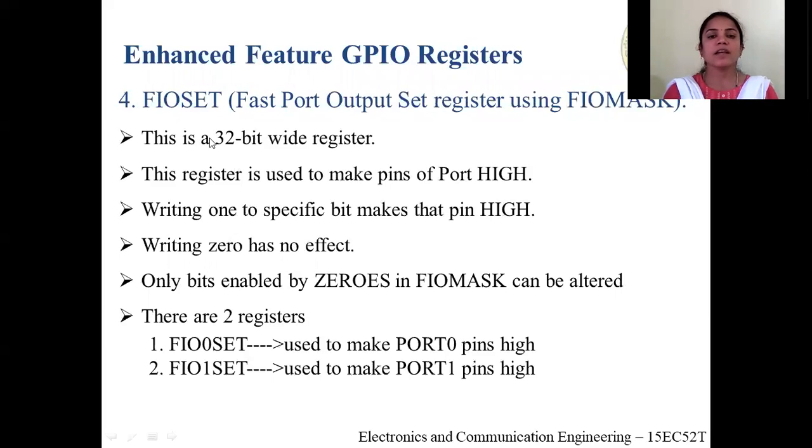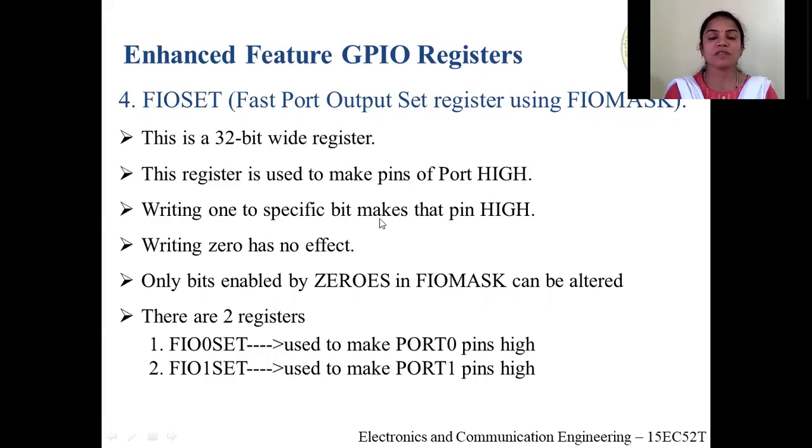And next is FIOSET, the fast port output set register using FIO mask. This is the same as the IOSET register, but the operation is faster. Again, before using the FIOSET register on port pins, those pins have to be configured to 0 by using the FIO mask register. This register is used to make the pins of the port high.